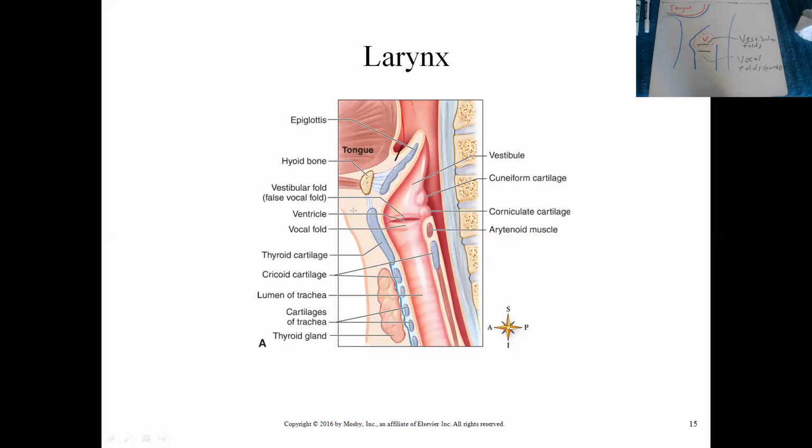The larynx leads to a tube in the front of your neck, but there is also a tube going along the back of your neck. So we've got two tubes. For right now, I'm going to focus on the front tube, or the larynx, which goes to the front tube.